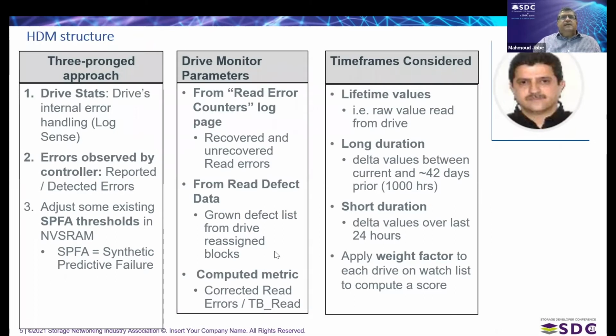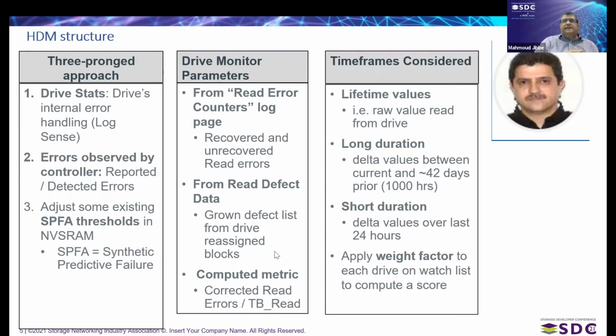That is the goal of DHM, Drive Health Monitor. Now, DHM has a structure. It's a 3 pillars structure. The first pillar has 3 prongs, and the first prong is where we look at the drive statistics, the drive LogSense data, to determine whether the drive has internal errors, like trip values, read hardware errors, recovered and unrecovered read errors, G list, and so on.